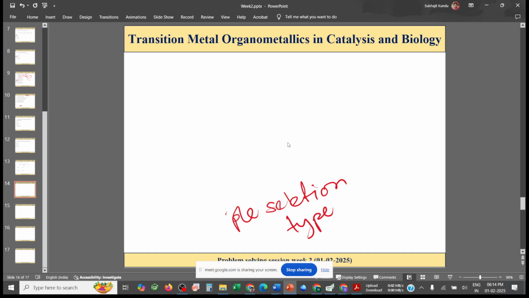One topic mentioned in the lecture is that the metathesis reaction undergoes a non-pairwise method.